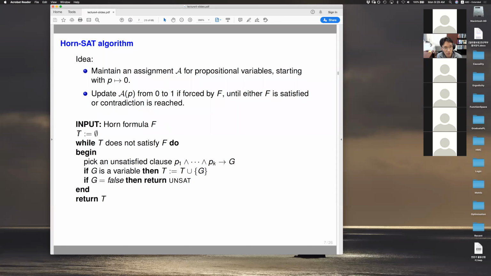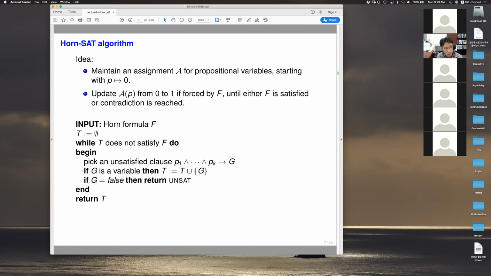Here I use a different representation of the assignment. Instead of writing the assignment as a map, we use a set of propositional variables which will be mapped to 1. So this T corresponds to A above, and initially T is an empty set, because our assignment is going to map all the propositional variables to 0.